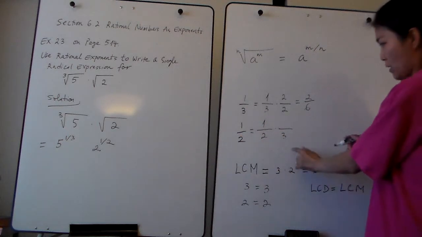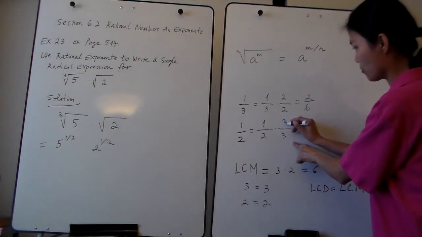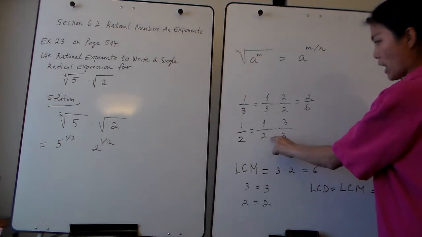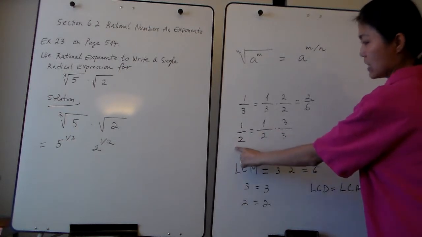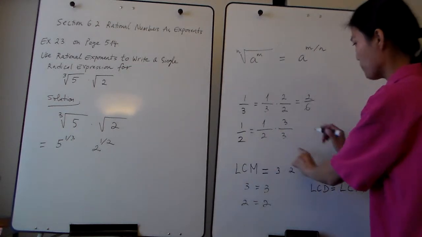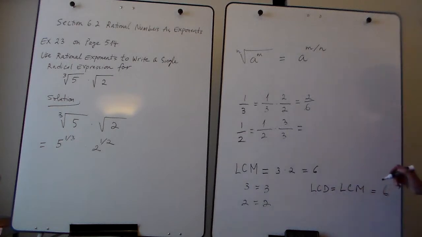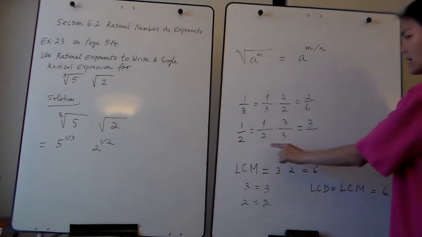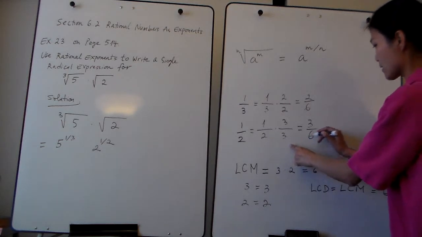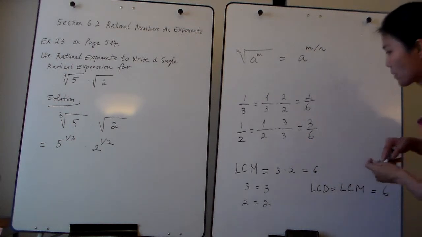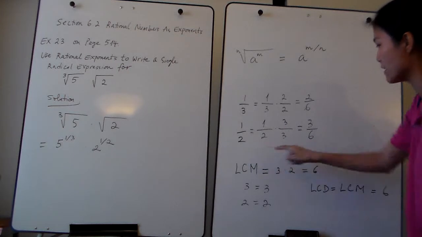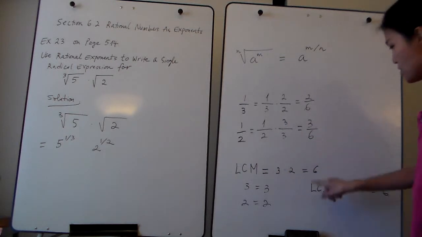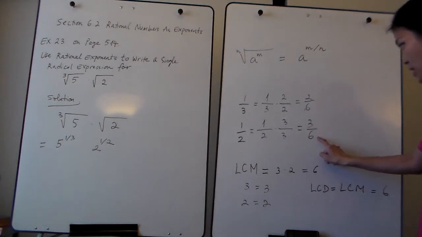So to compensate, we also multiply 3 on top. 3 divided by 3 is 1, and 1 times 1/2 is still 1/2, equal to the original expression. So now simplify: 1 times 3 is 3, divided by 2 times 3 is 6. Now we obtain the equivalent form of 1/2, which is 3/6. And again, we got what we want, which is the denominator 6.